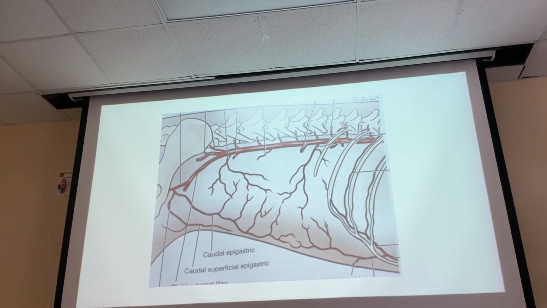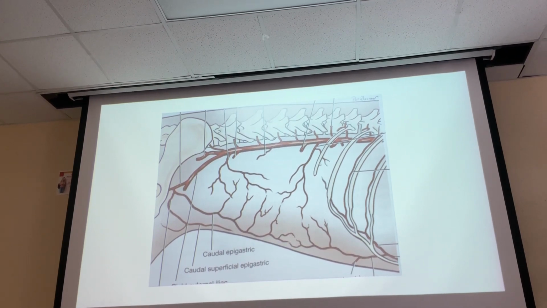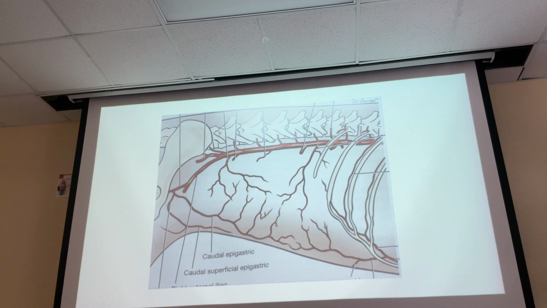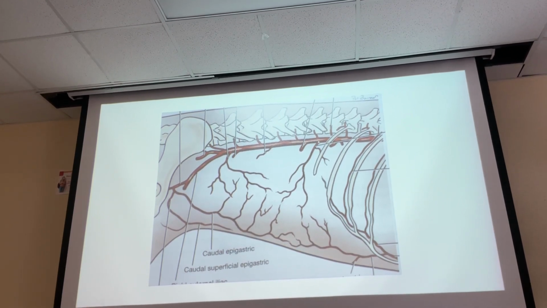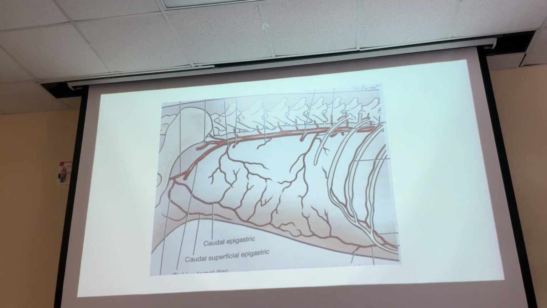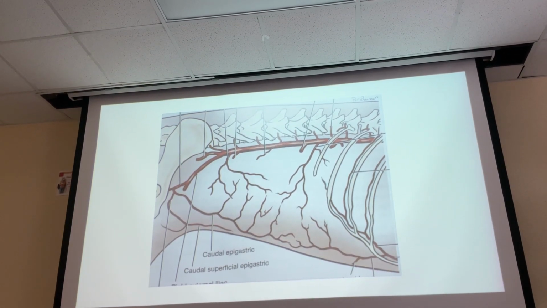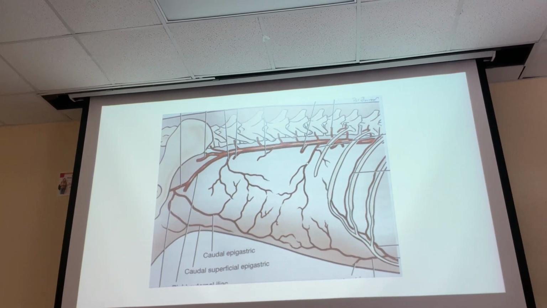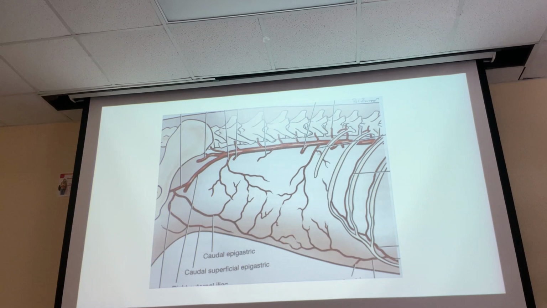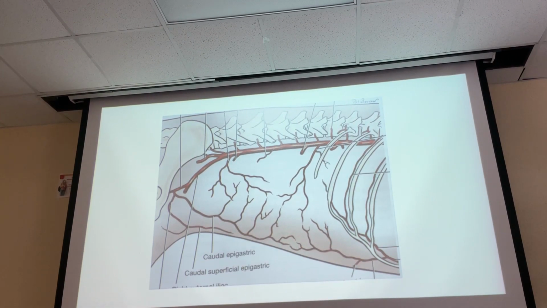Now, this is T13. And you're gonna dissect this artery. They call this the common trunk for the cranial abdominal and the caudal phrenic. We said every time you see the term phrenic, it has to go where? To the diaphragm. So this is a common trunk, and it will give 2 branches. One that goes to the diaphragm.